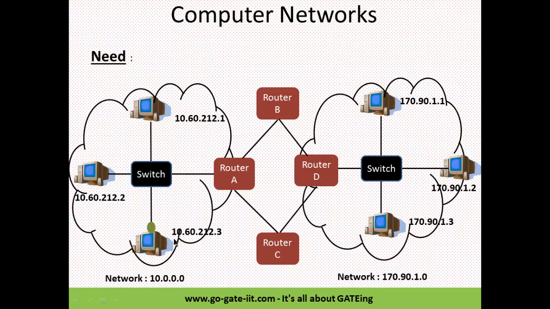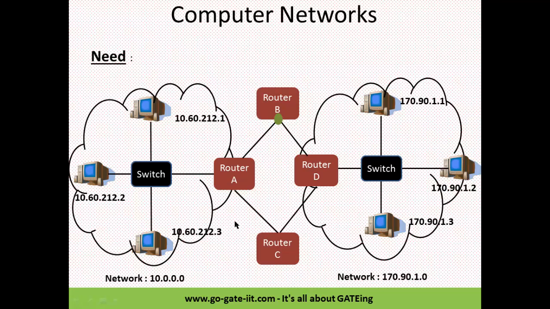As soon as it realizes that the recipient's IP address does not belong to its own network, with the help of ARP it will determine the router's MAC address and it will send the packet to router A. Router A, with the help of the forwarding table, realizes that this packet does not belong to the network whose interface is connected to router A. It will determine router B's address, and it has forwarded the packet to router B.